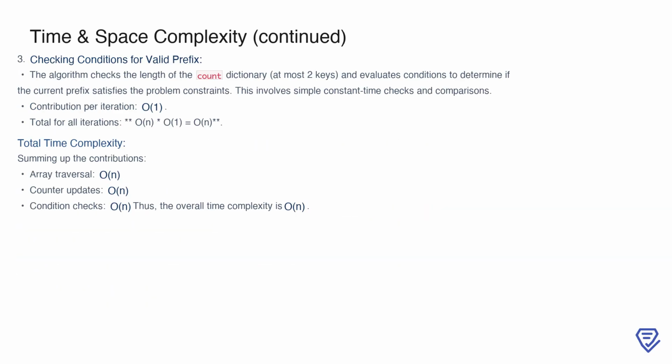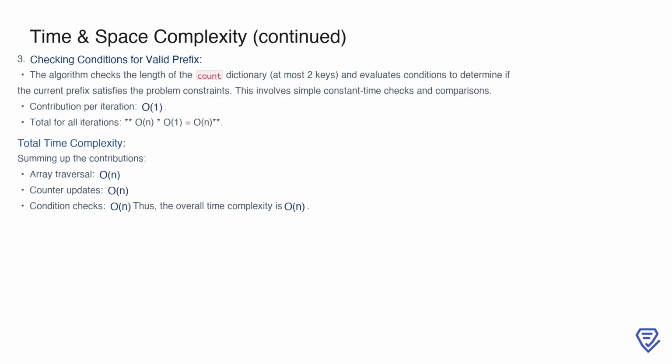To determine if the current prefix satisfies the problem's constraints at each step, the algorithm evaluates the count dictionary, which contains at most 2 keys. This involves checking the length of the dictionary and performing straightforward comparisons and arithmetic operations, all of which are constant time tasks. Each of these condition checks contributes an O(1) operation per iteration, so across all iterations, this step also adds up to O(n).